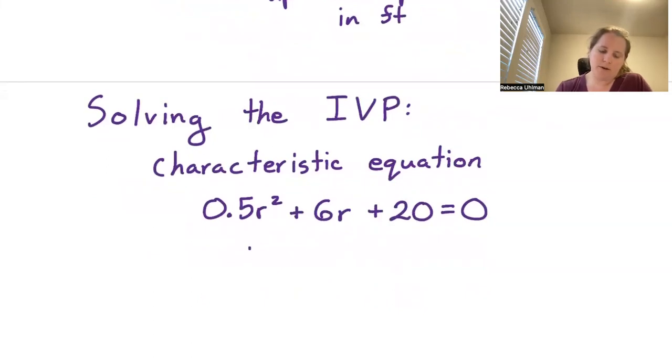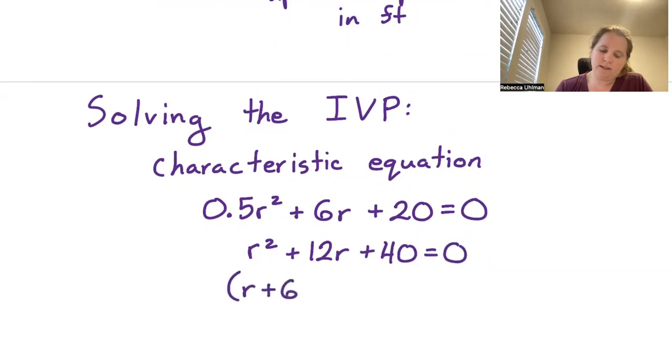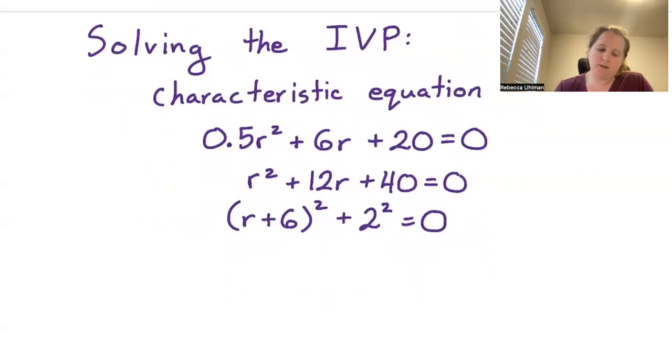If we complete the square, I'm going to rewrite this as r squared plus 12r plus 40 is equal to 0. This would be r plus 6 squared to get the r squared plus 12r. That contributes plus 36. We're missing a plus 4 or a plus 2 squared. This is equal to 0. So we get then that r is equal to -6 plus or minus 2i.